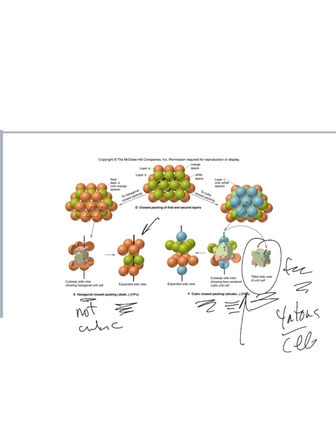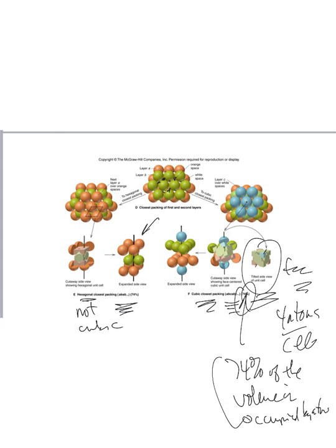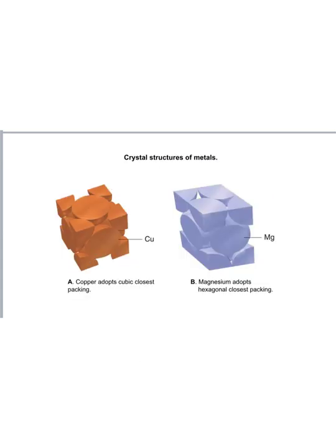Notice that this is the most efficient packing of all. 74% of the volume is occupied by the atoms. And again, how do you calculate these occupation values? Here it would be 4 times the volume of one atom over the volume of the cube times 100. That's how they get 74%.